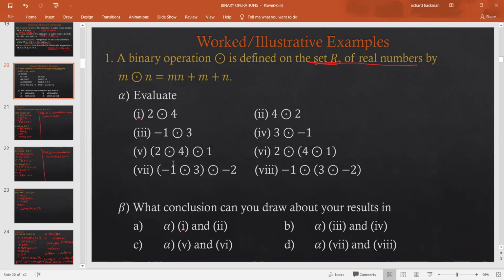However, for distributivity, you shouldn't have the same operations involved. You should have 2 operations, but different operations. But here we have 2 operations and they are the same. So commutativity is out because the elements are more than 2, and distributivity is out because the operations are the same. So if this result gives you the same result as this, then you can say that your operation is associative. And you give your reason, that the result here is equal to the result here.